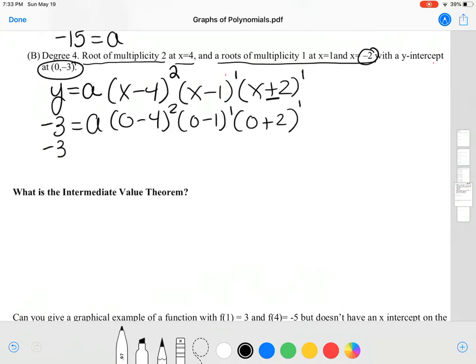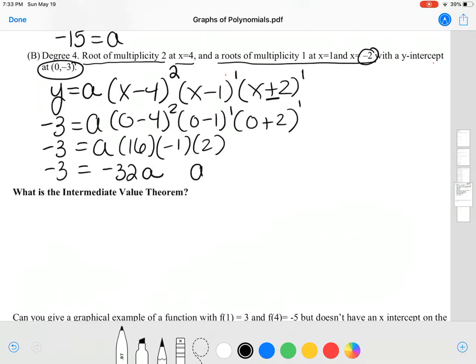And then solve for A. So 0 minus 4 is negative 4, and then squared is positive 16. 0 minus 1 is negative 1, and 0 plus 2 is 2. When I multiply that all together, I get a negative 32a. So a is going to be positive 3 over 32 because I'm going to divide both sides by negative 32.